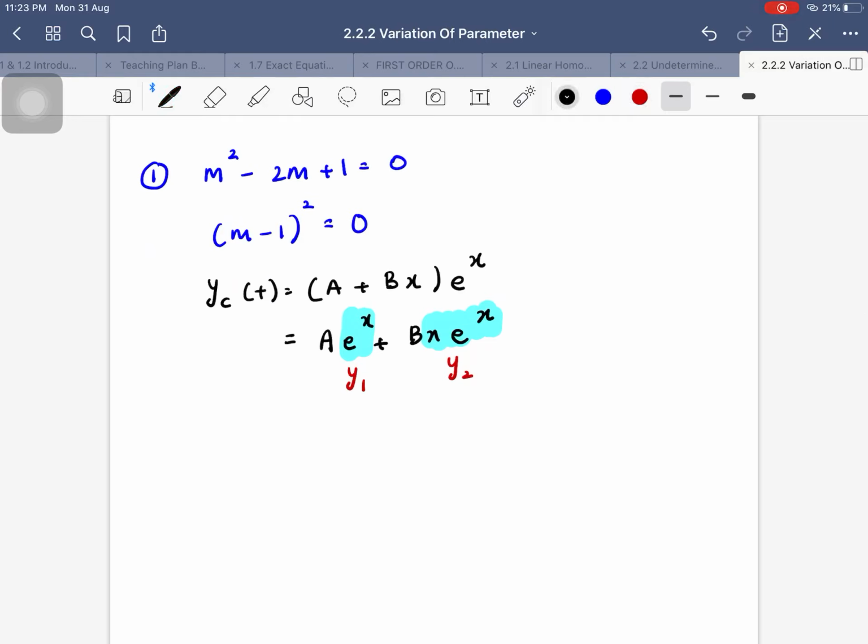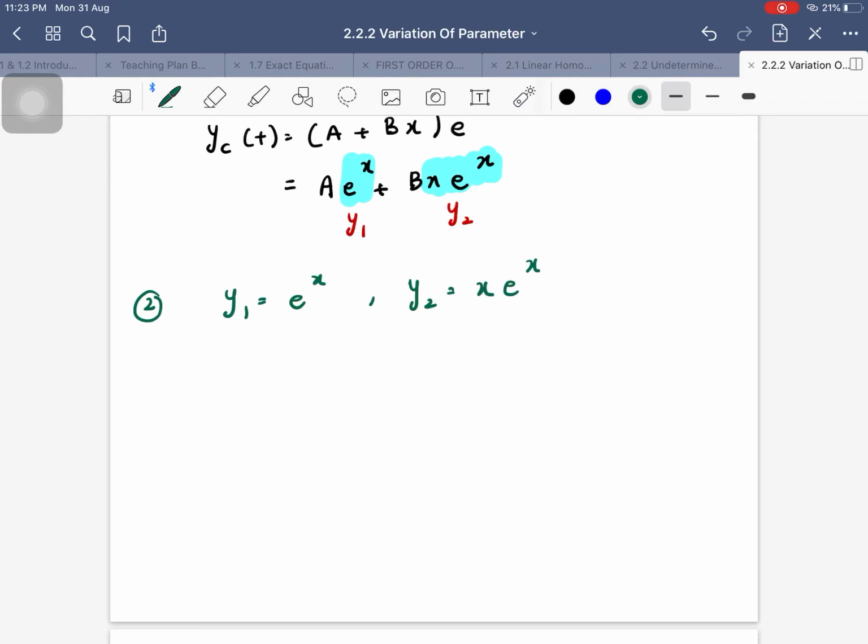Now that I have identified y1 and y2, I'm going to proceed to step number 2, which is differentiating them. y1 is exponential of x, and y2 is x exponential of x. Just drop the constants a and b. When I differentiate y1, I will get exponential of x. For y2, I have to use the product rule, because I have x multiplied by exponential of x.